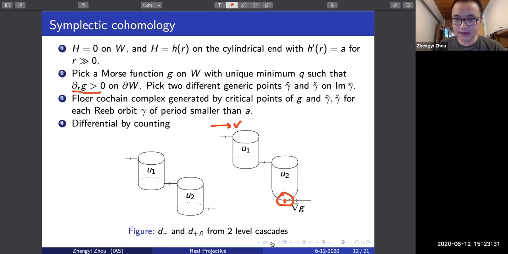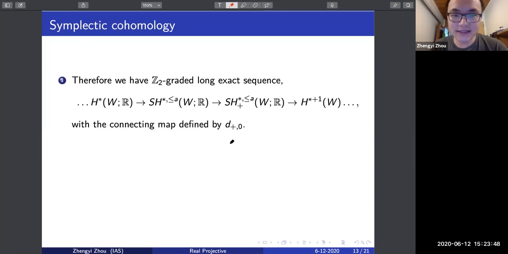All right. From here, the critical points of g will generate a subcomplex, which is the cohomology of the filling, and the check and hat orbits will generate a quotient complex, which is just the positive cohomology. And then we have, in general, a Z2 graded long exact topological sequence like this.